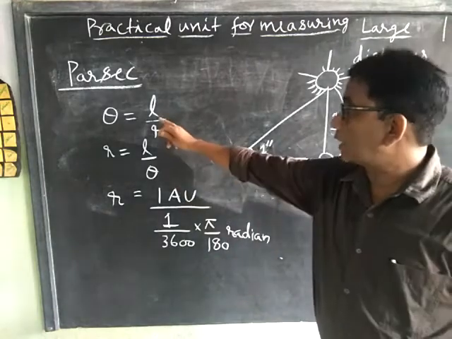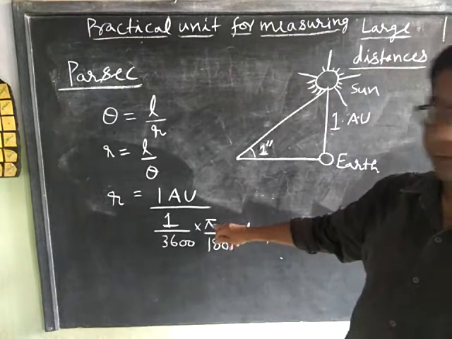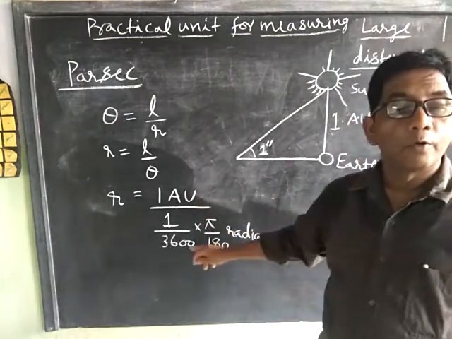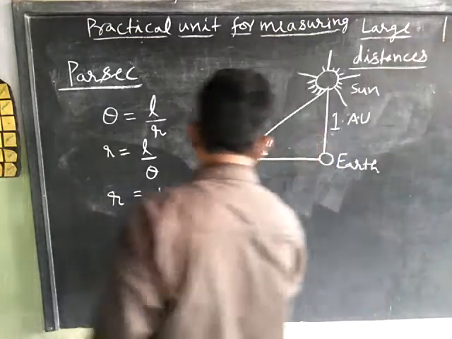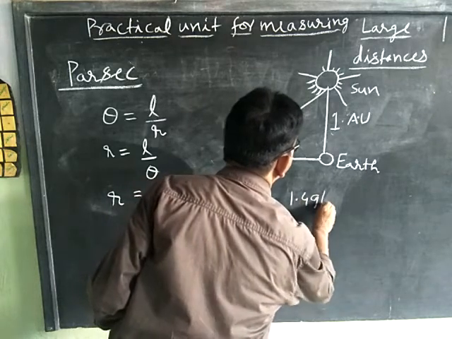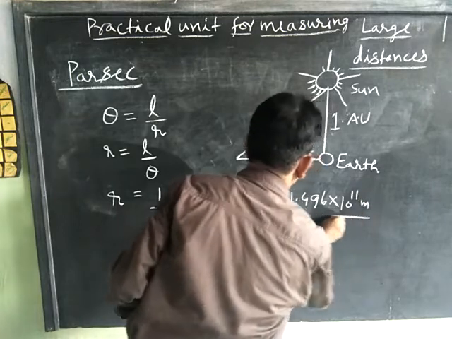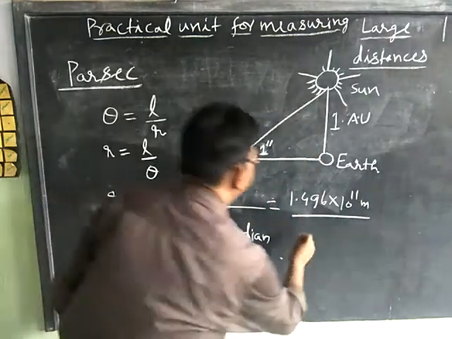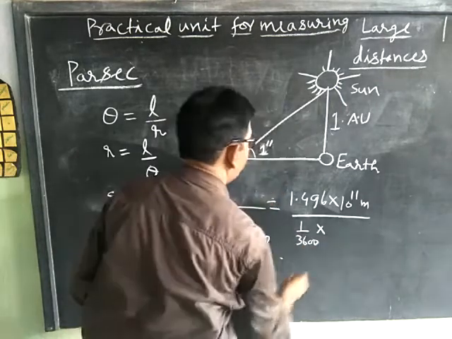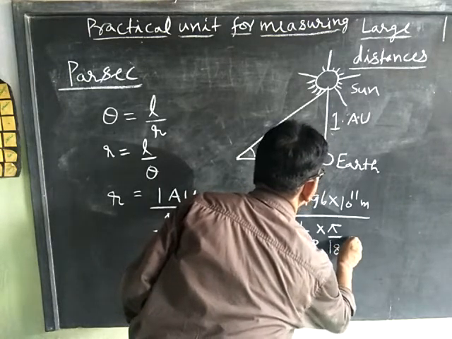Now theta is equal to L upon R. We put the value, then it becomes 1 astronomical unit, whose value I have already told you, 1.496 × 10^11 meter, upon 1 upon 3600 into pi upon 180 radian.